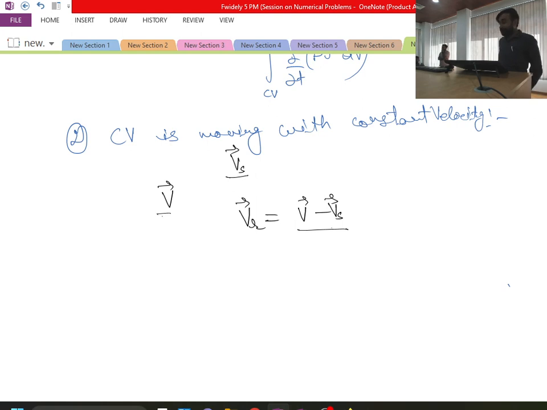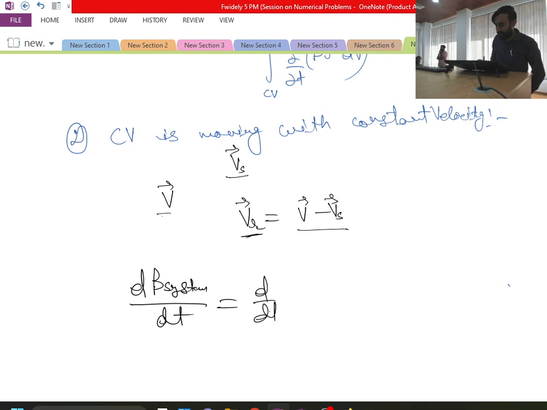So if V relative is the velocity at which fluid is being experienced by the control surface, then my Reynolds transport theorem will become dB system by dt equal to d by dt of the integral over the control volume of beta rho dV, plus, what will I be getting?